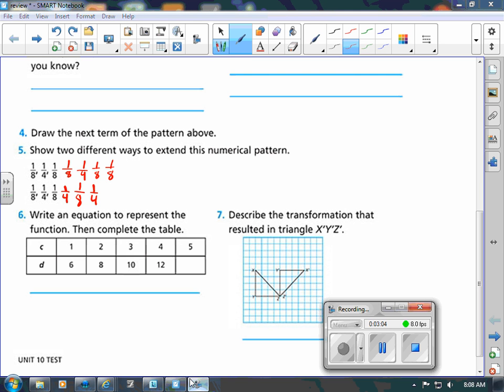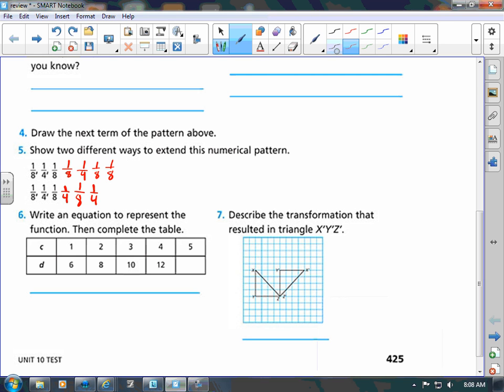On this particular one, its rule is D equals 2C plus 4.